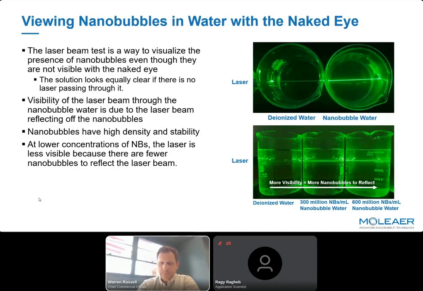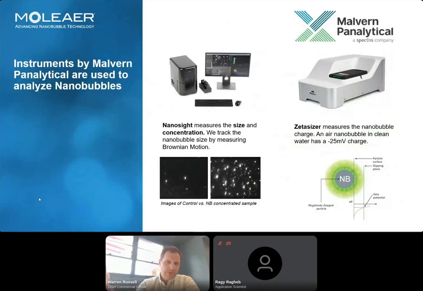And yeah, but if you don't have something like a NanoSight, this is a good methodology to use under the right conditions. So as everybody might gather, Malvern is our preferred way. We have several of their instruments. We've used them extensively over the last few years.